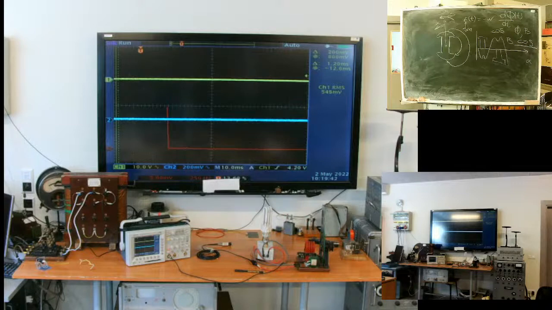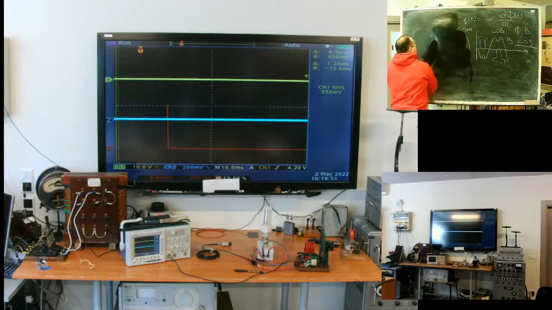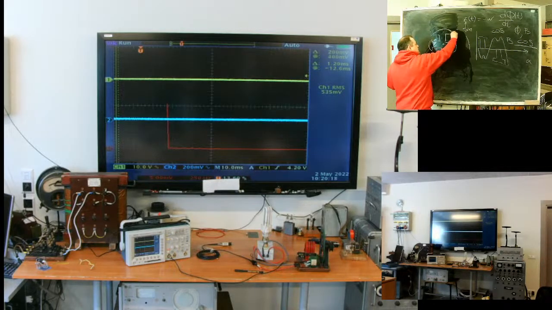A very common measure, for example on larger generators with structure like this, is to cut this area to make magnetic resistance in this path high.